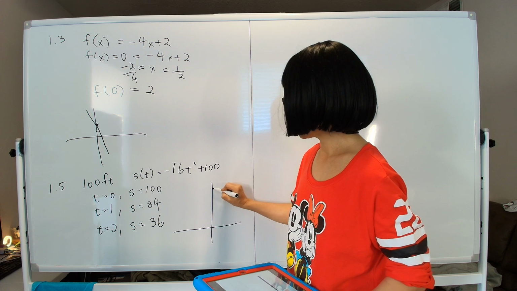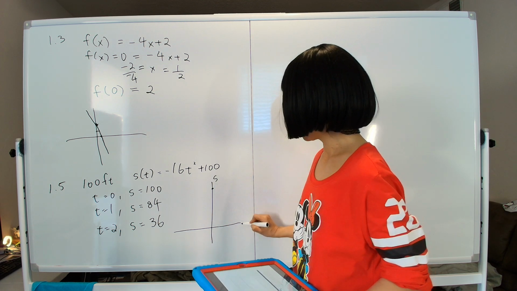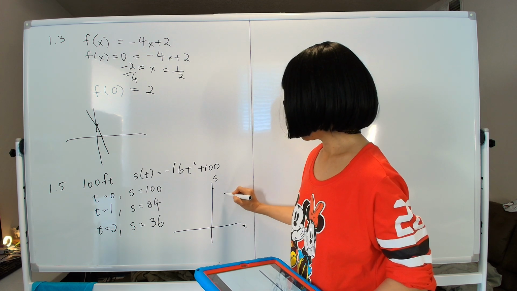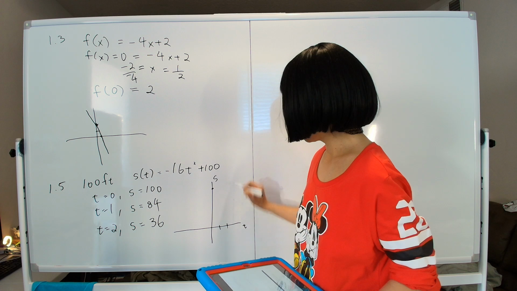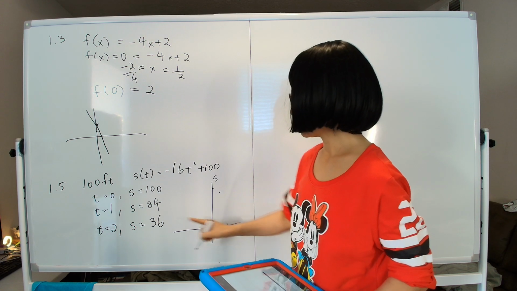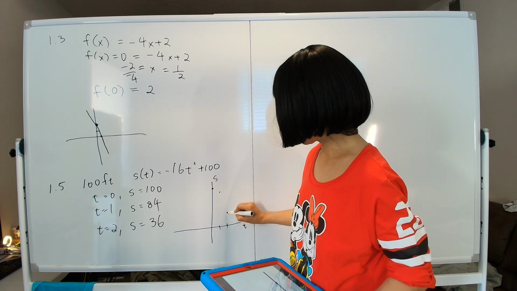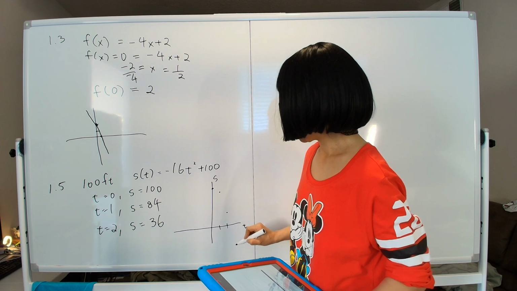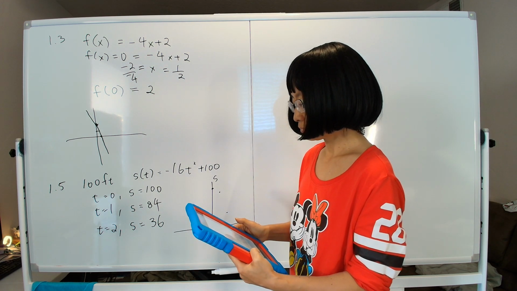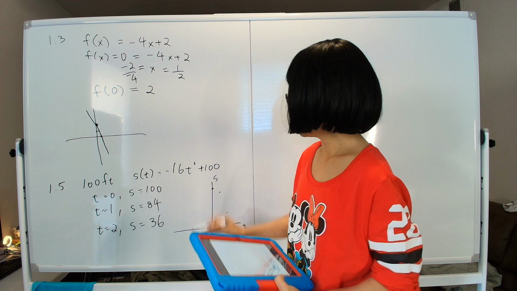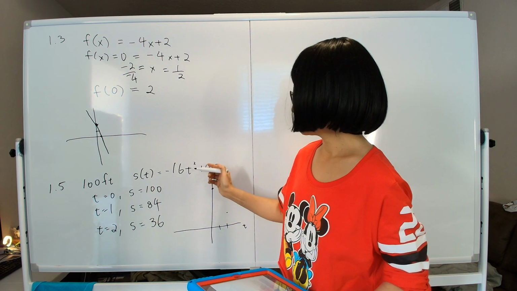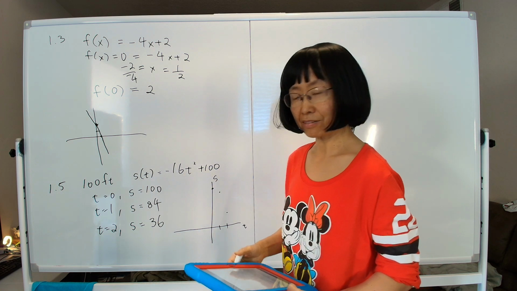It's 100, okay, when t is 0, this is S and t, and that's 0. Then when t is 0, it started at 100, and at 1, t is down to 84, which is not that far down. And then at 2 it's all the way down to 36, so it's quite a bit down, okay? And then at some point, when t is 2.5, this thing will get completely knocked out, right?